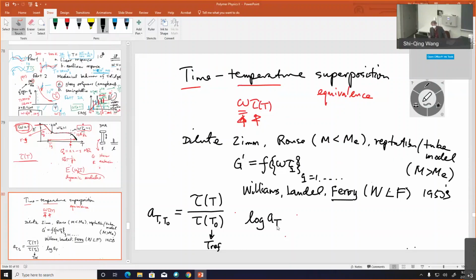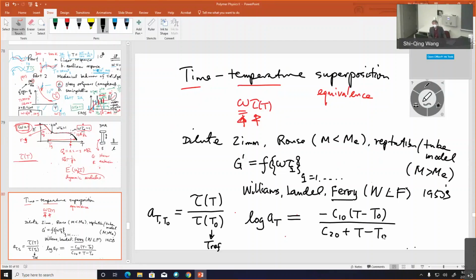When I write a log like this, it's usually base 10. Did I have 0? Yeah, I have 0. So we'll do some homework with this expression too. But this is the expression.